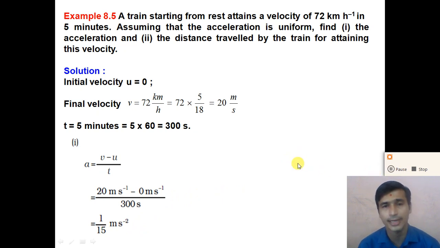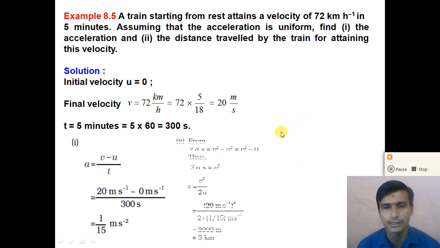Now the second question is the distance traveled by the train. How do we calculate the distance traveled by the train? By the distance-time relation. From the distance-velocity relation, 2as is equal to v square minus u square.